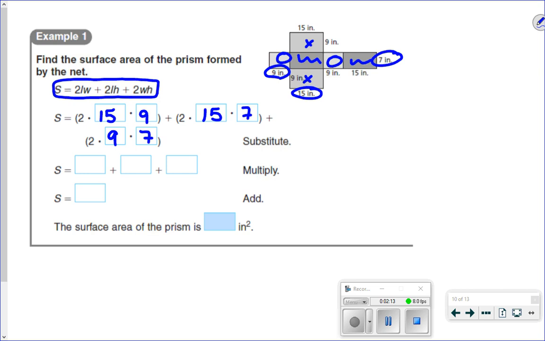So now that I've set up my rectangle sizes, I'm ready to actually multiply everything out. So 2 times 15 times 9, that's going to give me 270. 2 times 15 times 7 is going to give me 210. And then 2 times 9 times 7 is going to give me 126. So then my last step here, I need to add all of those together.